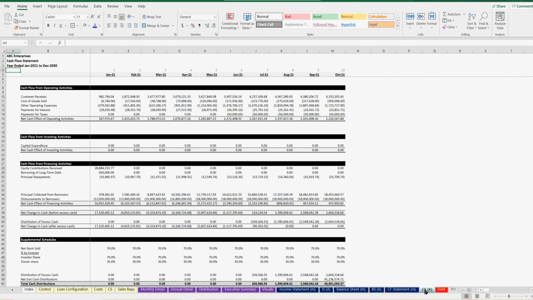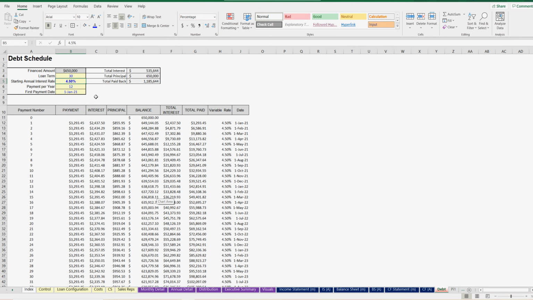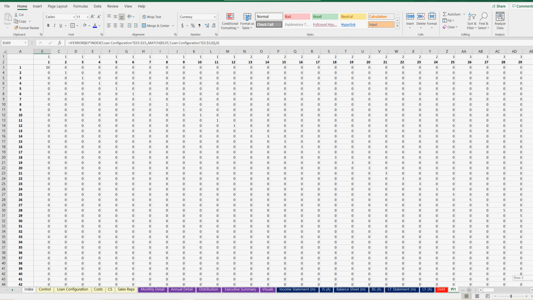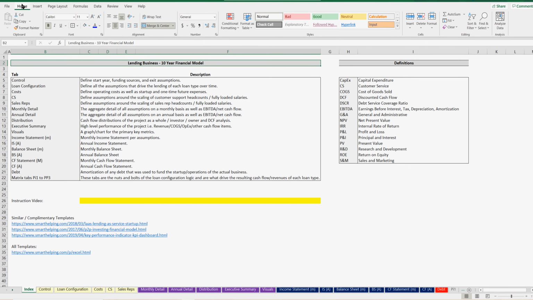So yeah, cash flow annual, then the debt tab is just if there's any debt to start this whole operation, that would fall into here. And we've already been over the matrix tabs. So that's everything. I feel like the value here for $75 for this template, it's insane. I'm sure people would pay thousands of dollars to get this done and analyzed.